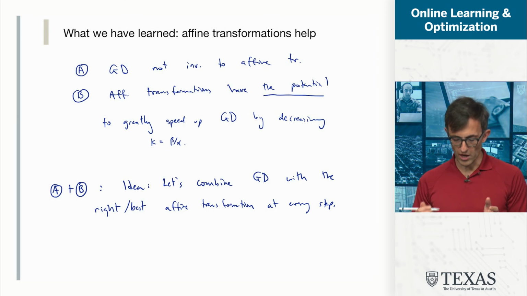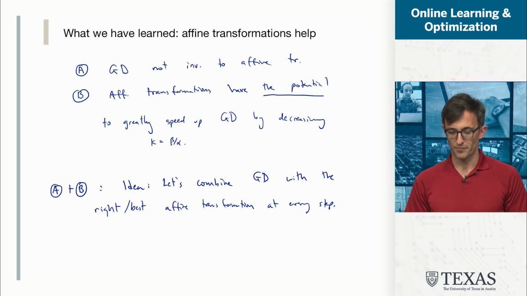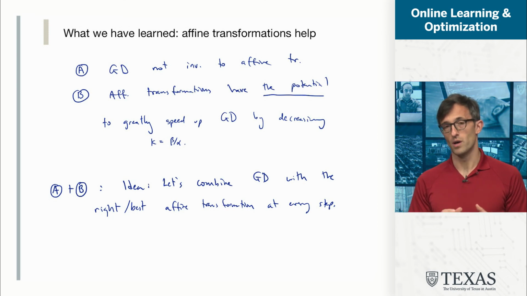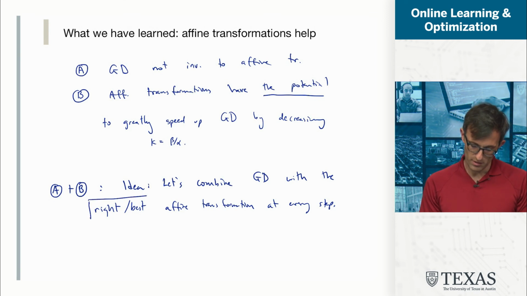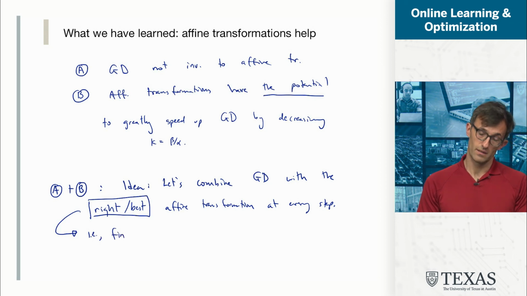So in the general function, what do we want to do? What is it that we want to mimic about quadratics? We want to make the condition number, the local condition number, as close to 1 as possible. So the best affine transformation is the transformation that makes the condition number, the local condition number, equal to 1.